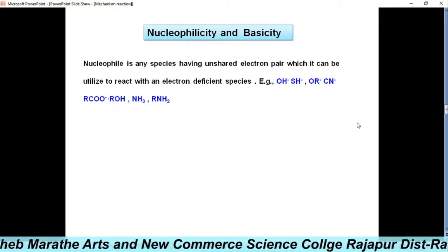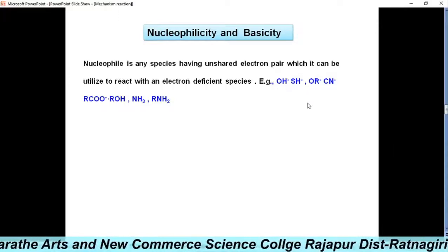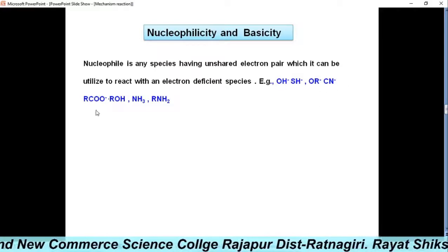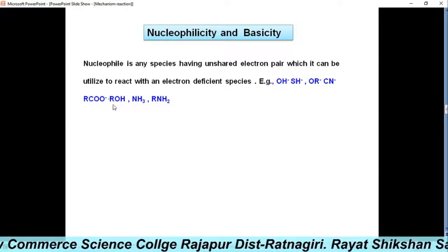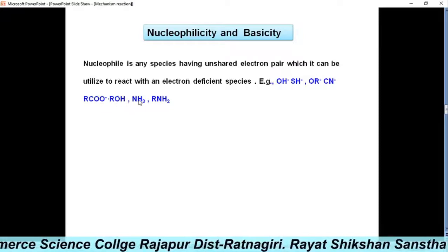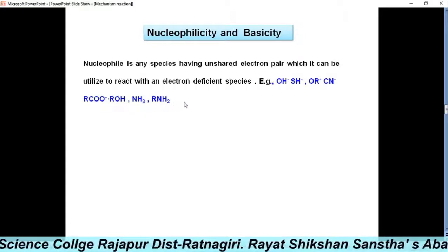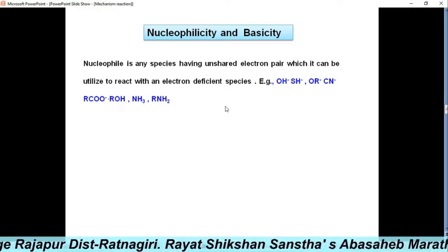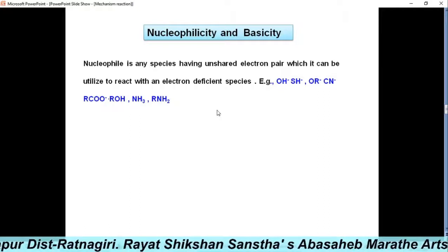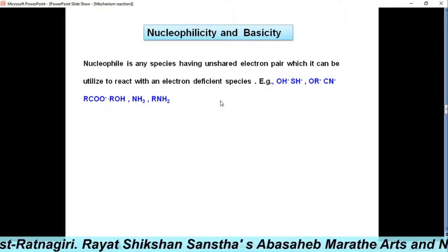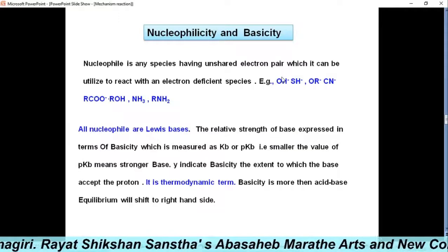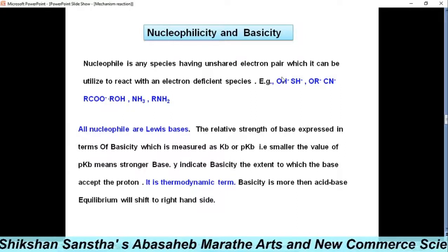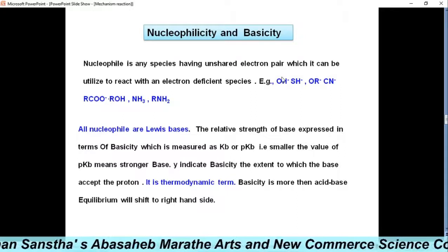For example, OH minus, SH minus, OR minus, CN minus, RCOO minus, ROH, NH3, RNH2, etc. These are some examples of nucleophiles. All nucleophiles are Lewis bases. This is a very important point. The nucleophiles are Lewis bases.